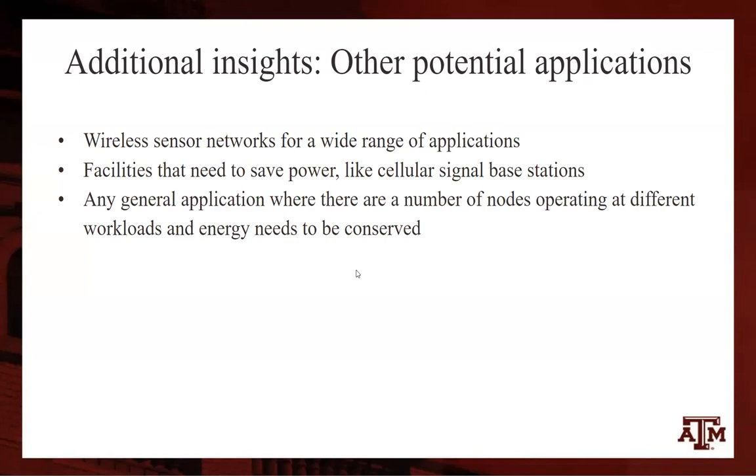It could also be used in facilities like cellular signal base stations in order to conserve energy. And in general, it can be used along with any application where there are multiple nodes, and these nodes are operating under different varied workload, and there is a need to conserve energy and reduce the corresponding energy costs.